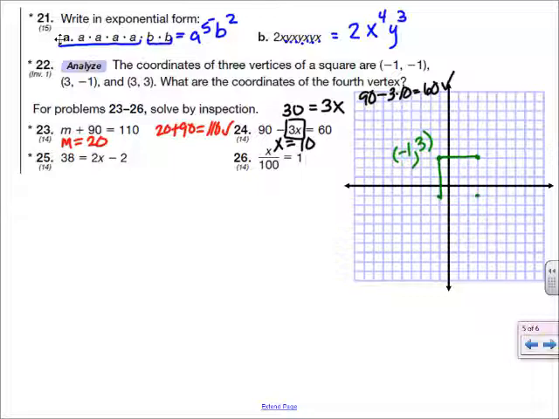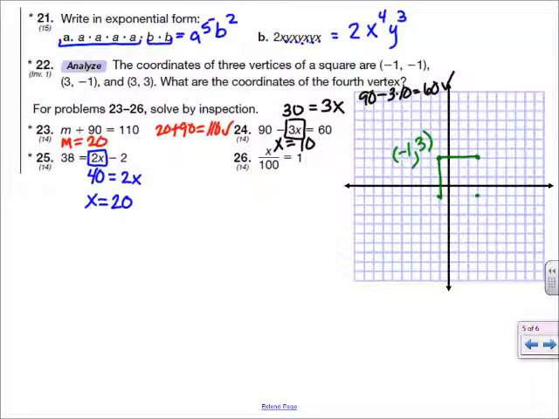38 is equal to 2 times a number minus 2. So what number, when I subtract 2 from it, equals 38? Well, that's 40. So the 2x has to equal 40 then. And 2 times what number gives me 40? 2 times 20 gives me 40.